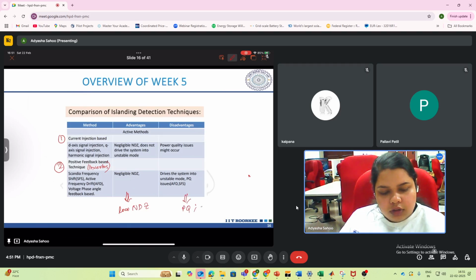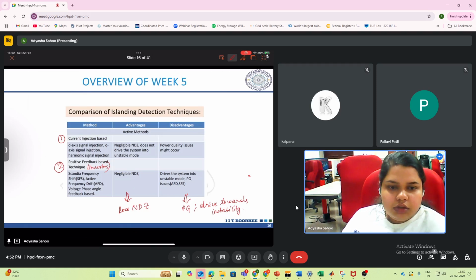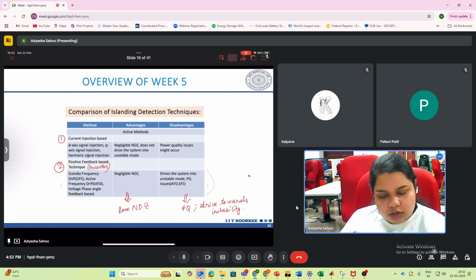They may drive the system towards instability. So these are the major disadvantages of the active method.